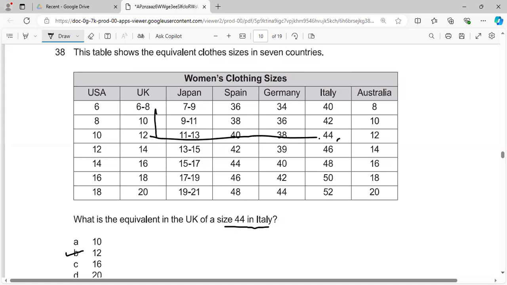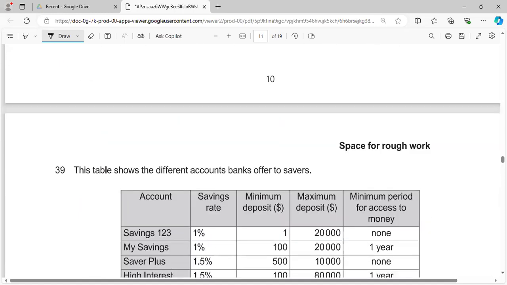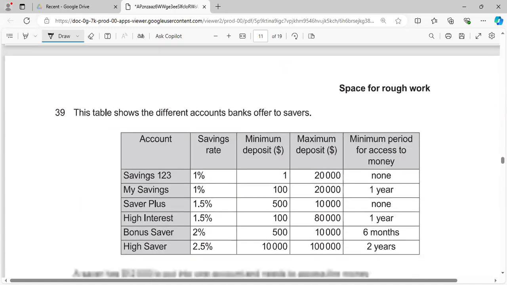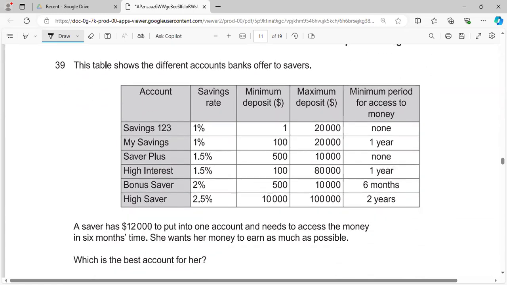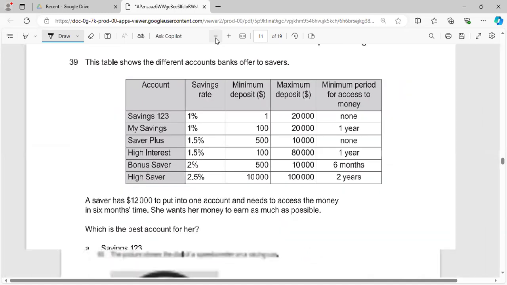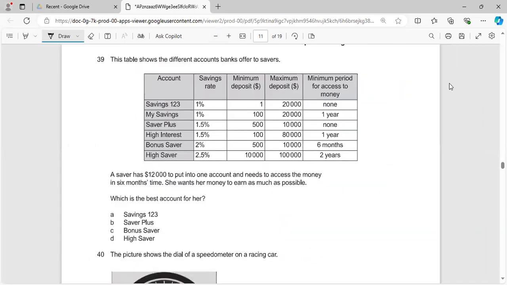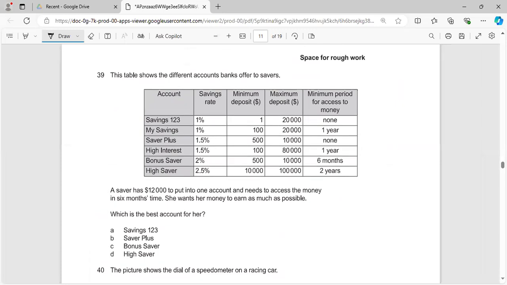Straightforward. This one now, guys, requires a little bit of thinking. Let me make sure I give you guys enough time for this one. The table shows the different accounts banks offer to savers.